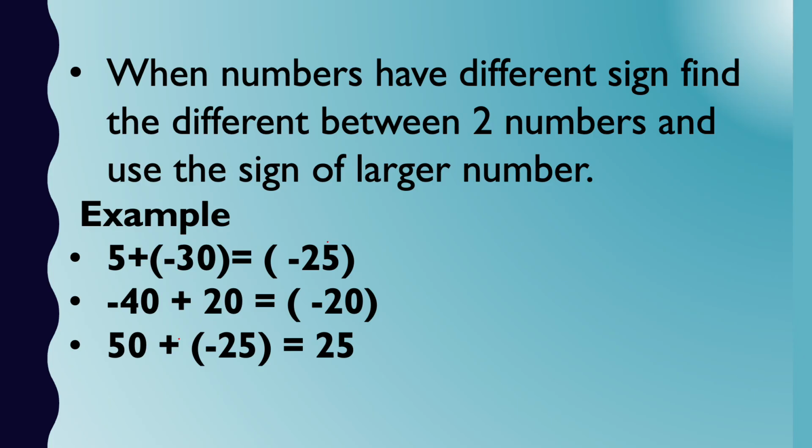When numbers have different signs, find the difference between the two numbers. So what are we going to do? We are going to find the difference: 50 minus 25. What is the answer? 25. So we have to take care of the sign.